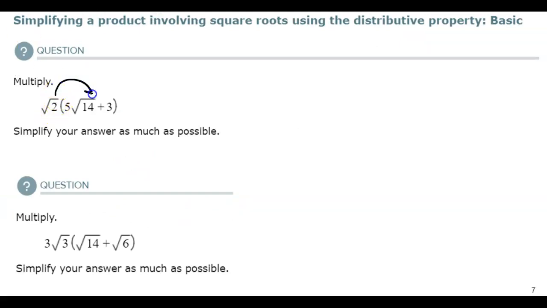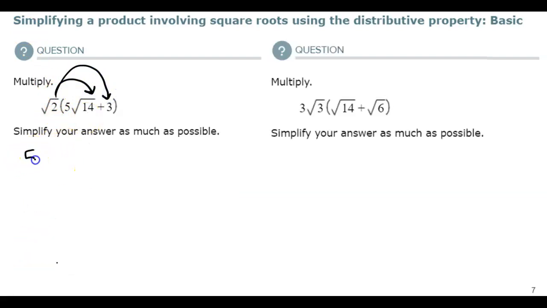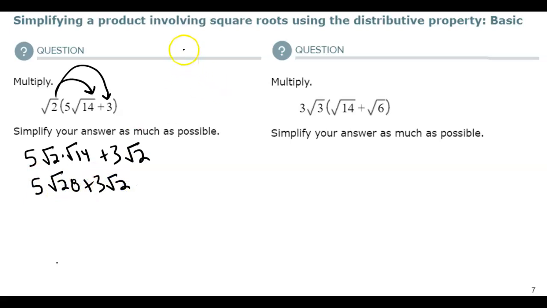The same is still true to this idea. I'm going to do 5 square root 2 times square root 14 plus 3 square root 2. 5 square root 28 plus 3 square root 2. Let's try to break down 28. 2, 14, 2, and 7.